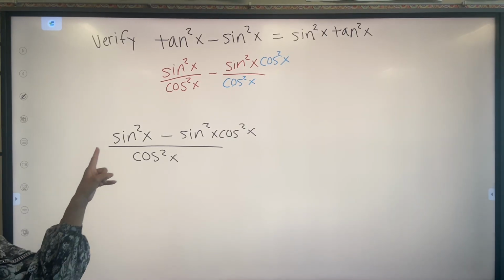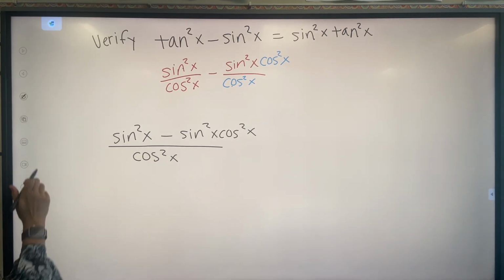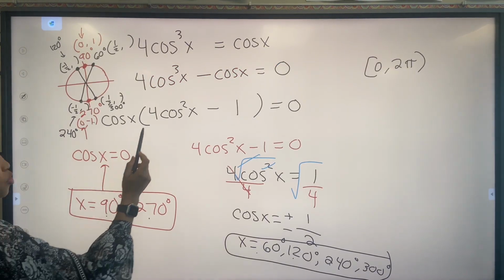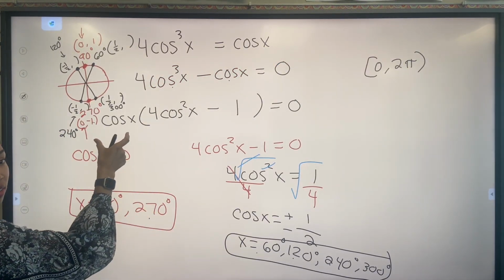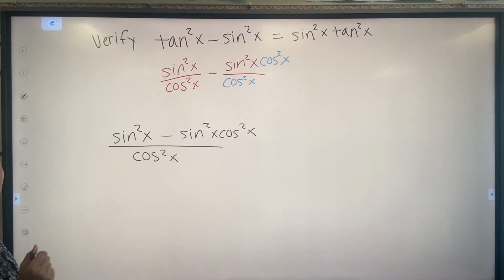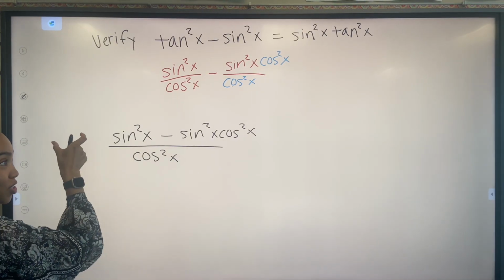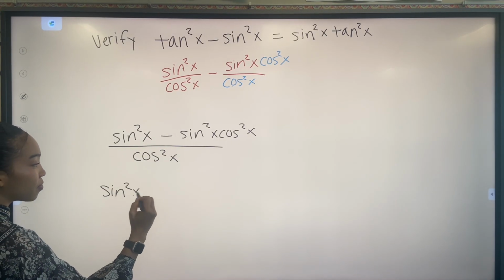So guys, this is similar to what we just did in the previous problem, okay? Let me show you the previous problem. Remember, they both had a cosine, so I pulled out a cosine. In this example, what do they both have? Sine squared. They both have a sine squared. So I'm gonna take out a sine squared.